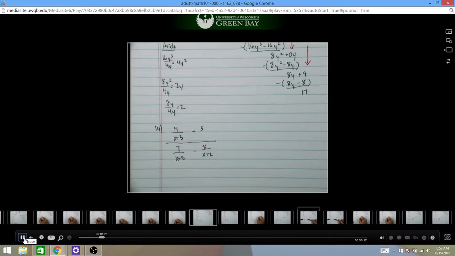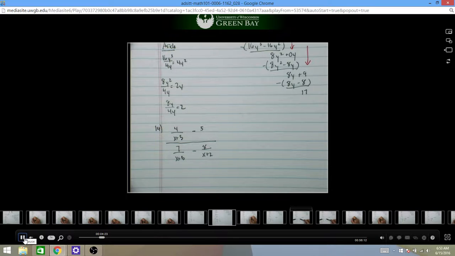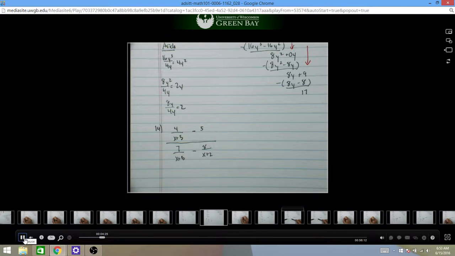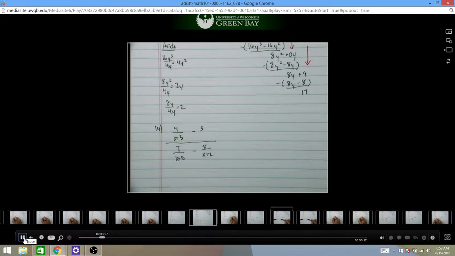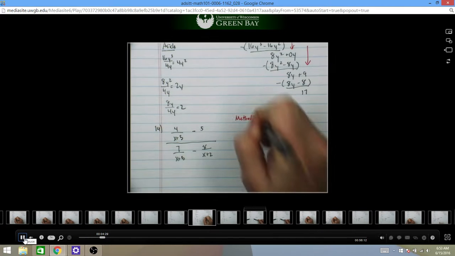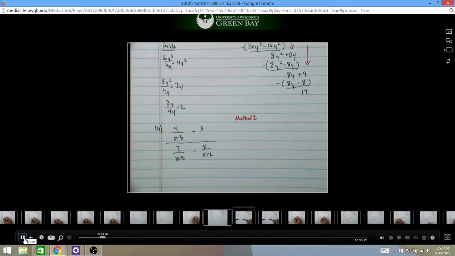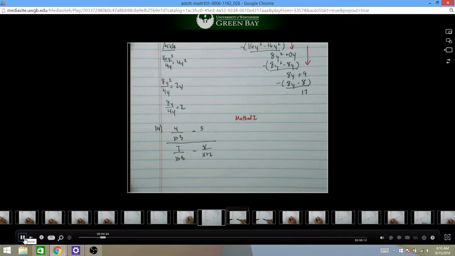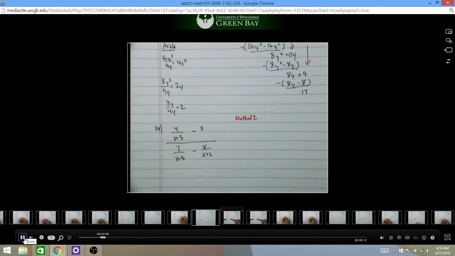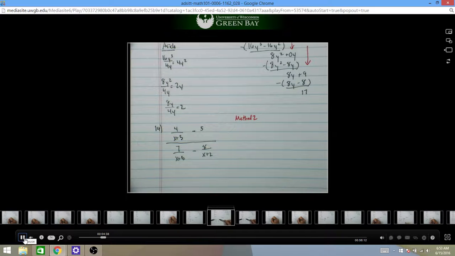We have an x plus 5 and an x plus 2 involved. So we're going to use method 2 and build up the fractions. We'll build up these fractions so that we can add them together or subtract them, actually.